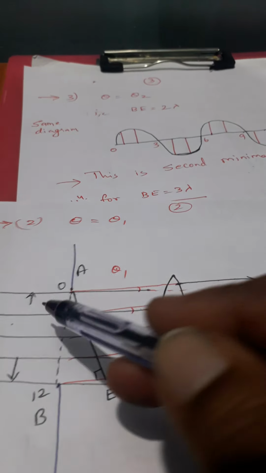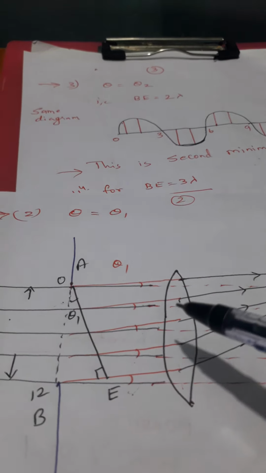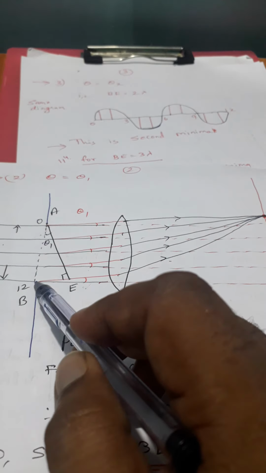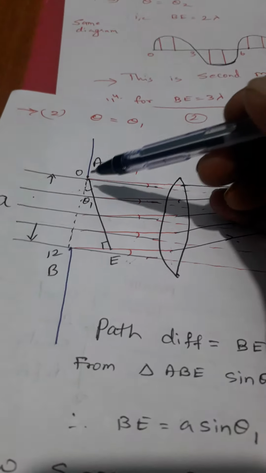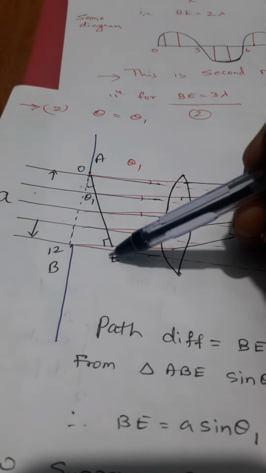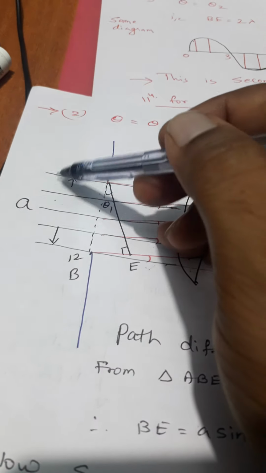Now if these rays of light are inclined, 100% sure that the path traveled from A to P will be different from B to P. There will be a path difference, and to get that path difference, we just draw a projection. This is the slit width.